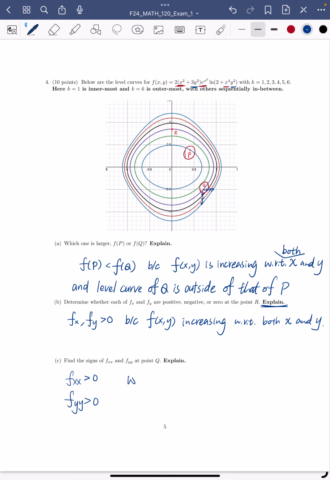So we can tell from the spacing of level curves. Or we can try to compute that directly.